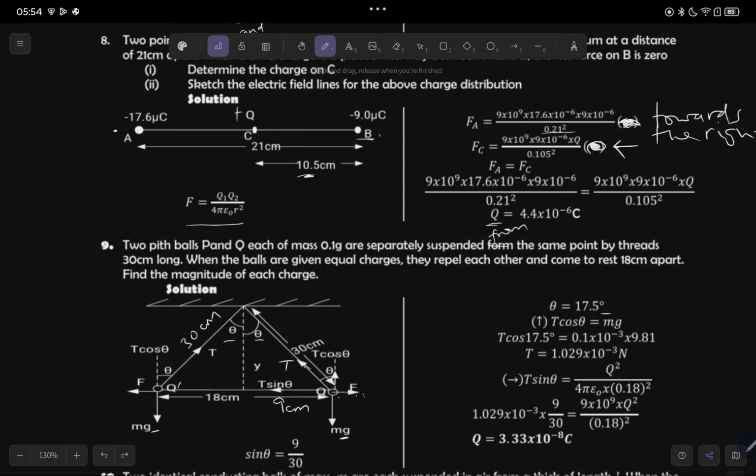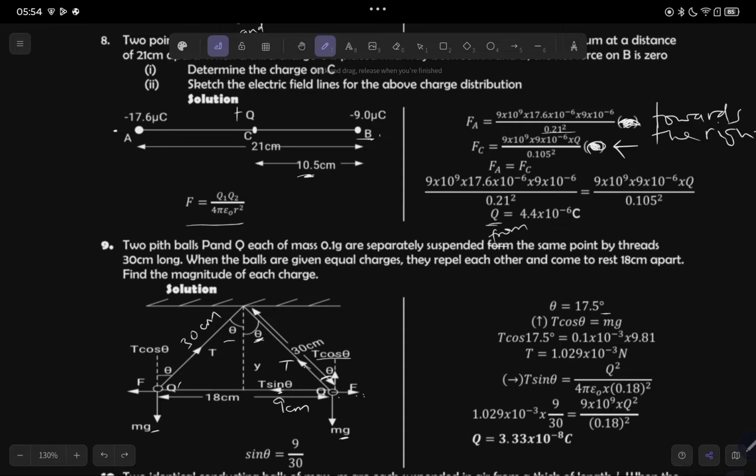Next, we look for the components of the tension T. Since the vertical angle is theta, the alternate angle here is also theta. So the component of the tension next to the angle takes the cosine, and the other takes the sine.